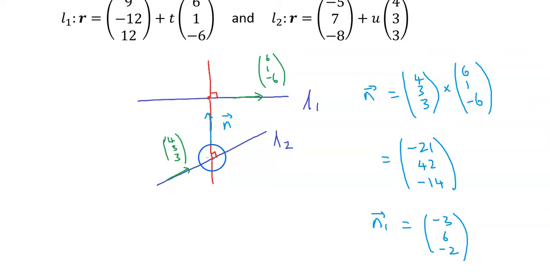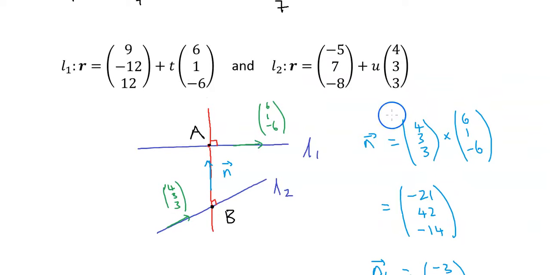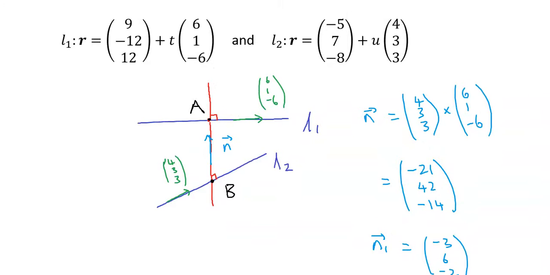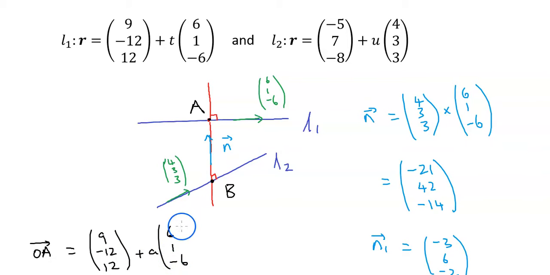Okay, and we also know that there's a point, let's call it B here, and a point A here on L1. And using the information that we have now, we can go ahead and find these points A and B. So we know that OA is equal to (9, -12, 12) plus a times (6, 1, -6).